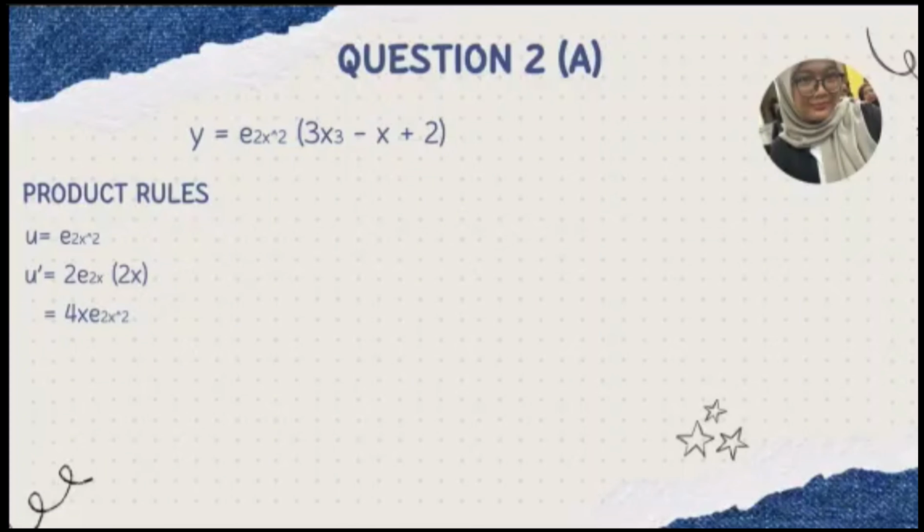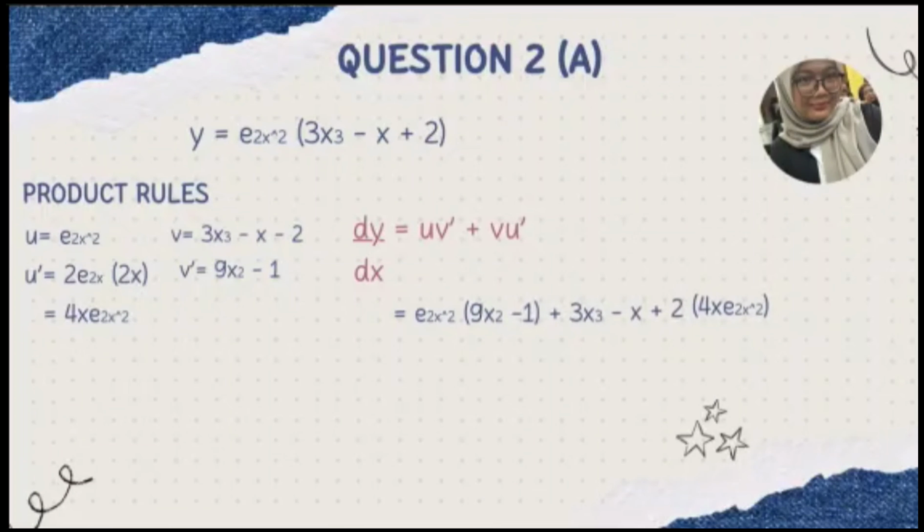Here, we have u as e to the power 2x squared multiplied by 2, and v as 3x cubed minus x plus 2. Then we differentiate to get u prime and v prime using the chain rule. For the product rule, we will be using the formula dy over dx equals uv prime plus vu prime.